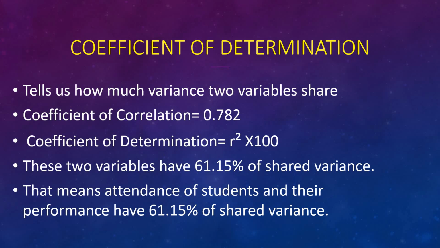Here coefficient of correlation is 0.782. Square of this value into 100, we get the value 61.15. That means these two variables have 61.15% of shared variance. Attendance of students and their performance have 61.15% of shared variance. That's all with this video.